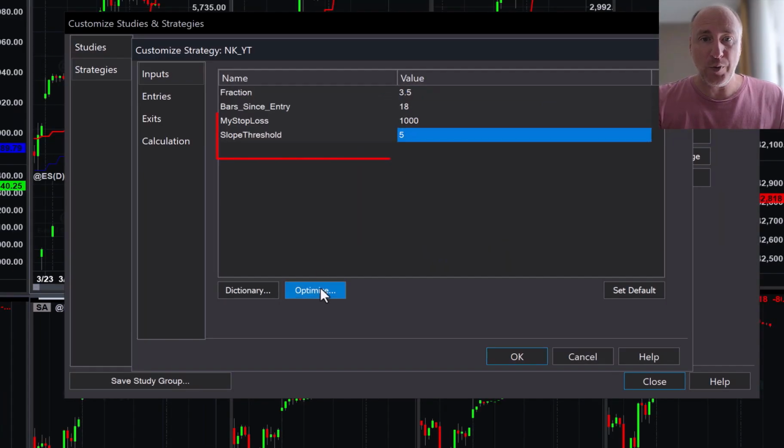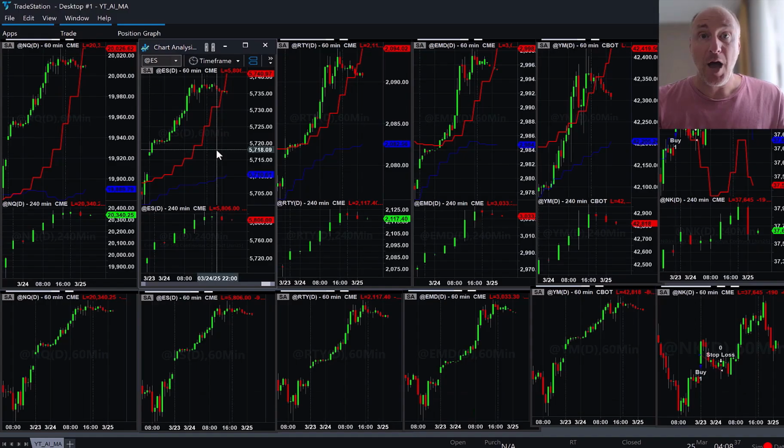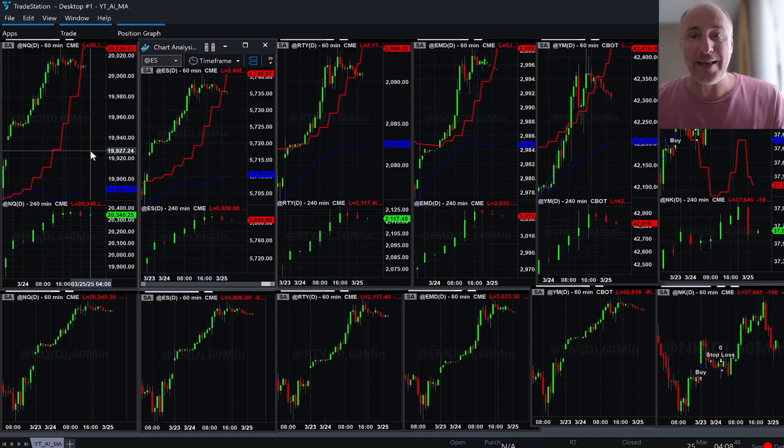This is the value we're optimizing on each market individually, from 1 to 40, step 1, and let's run the optimization. All right, the optimization has been completed and now we have optimal values for each market, and that's the moment of truth.